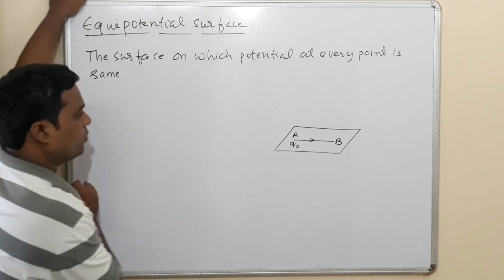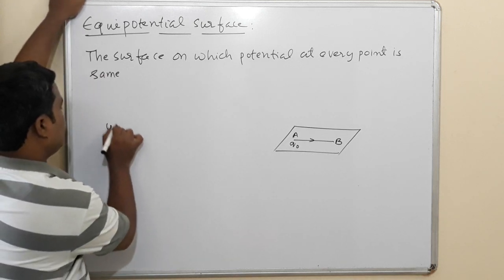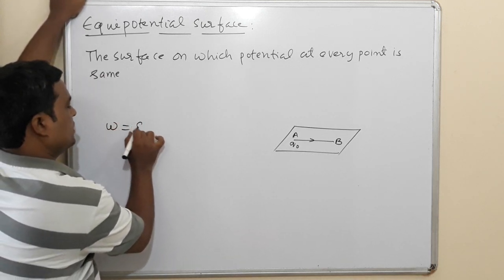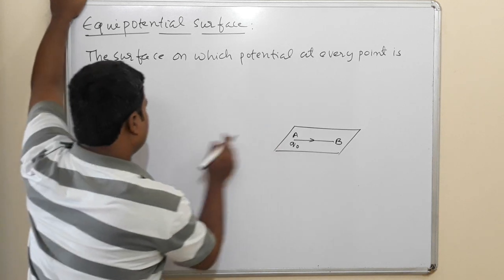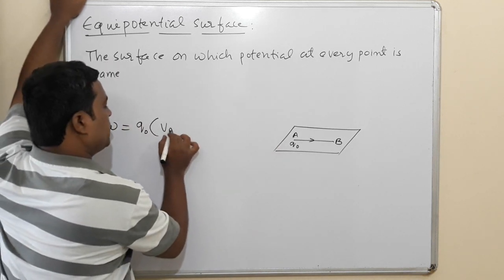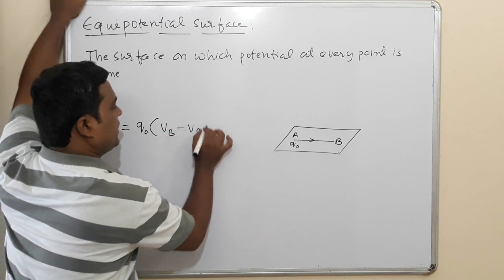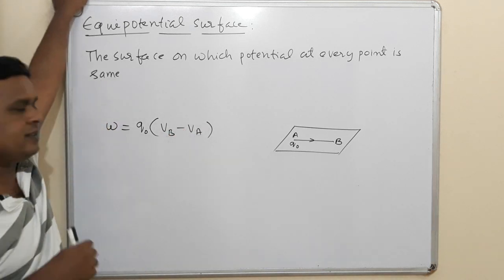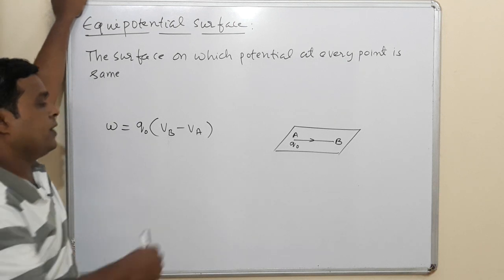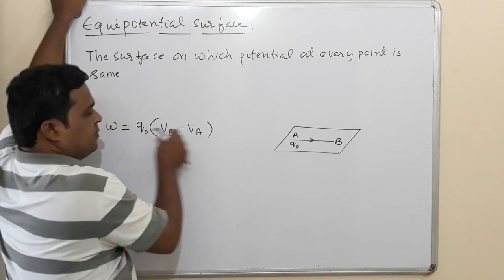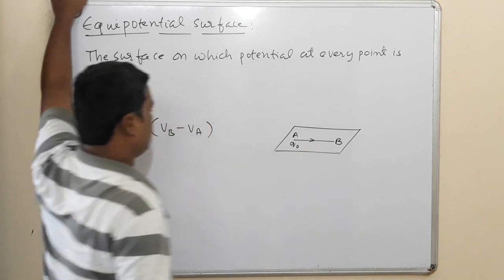The definition of work says that W is equal to the charge that we are moving multiplied by the potential difference between A and B, which is VB minus VA. That we studied in the last video. Work done is charge multiplied by the potential difference between these 2 points.